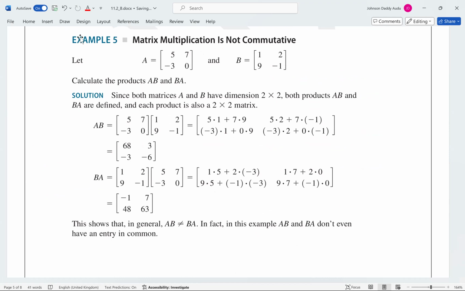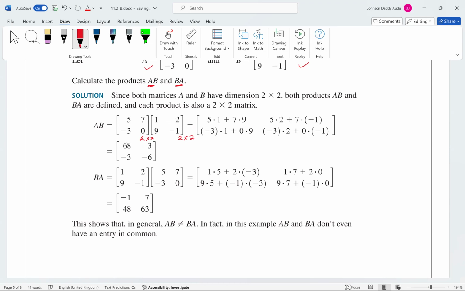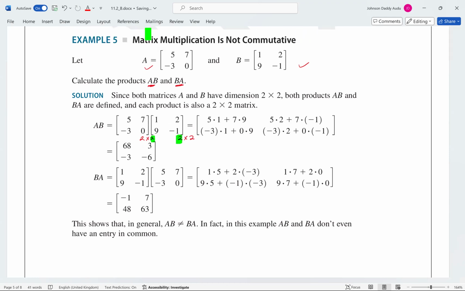If you look at this matrix, this is matrix A, this is matrix B. AB makes sense, BA also makes sense, because if I want to find AB, this is 2 by 2, this is also 2 by 2, and you can see that it is compatible. This is 2 columns and this is 2 rows. So we are going to have 2 by 2.